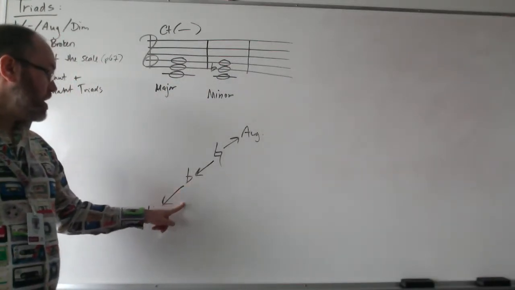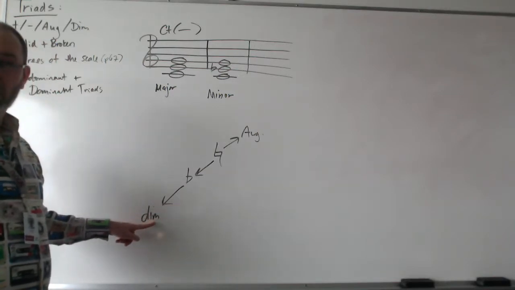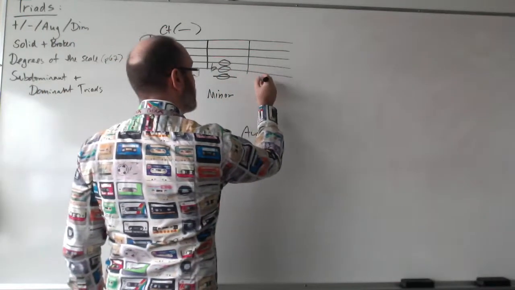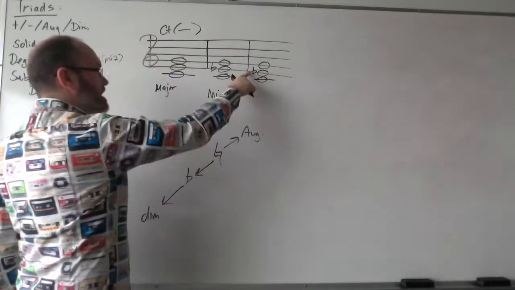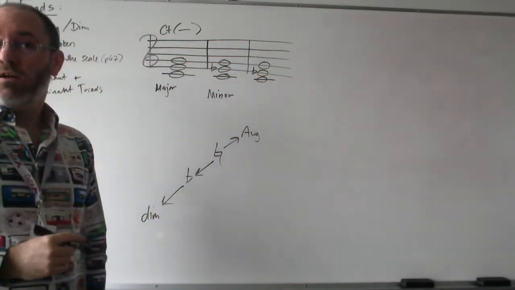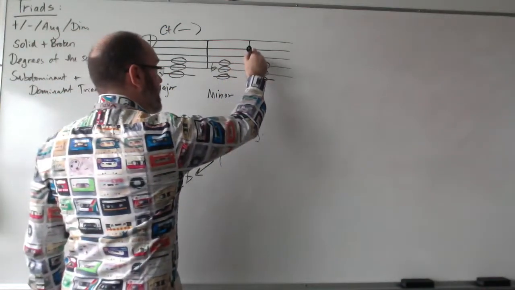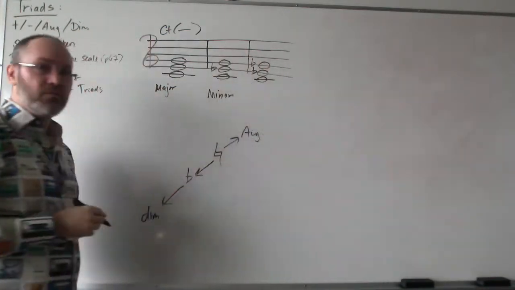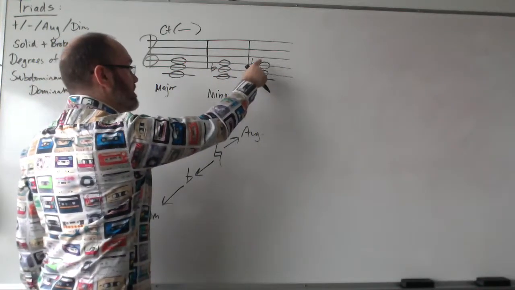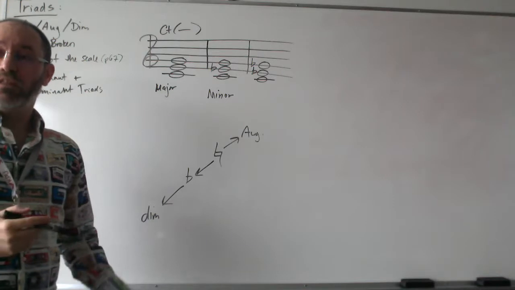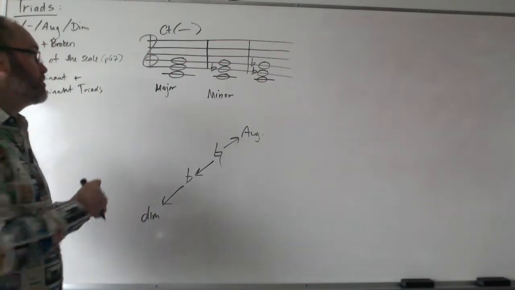Now, if we want to go to diminished, all we have to do is keep the minor third in there and add a diminished fifth. So all we did was we lowered the third and the fifth in the triad.